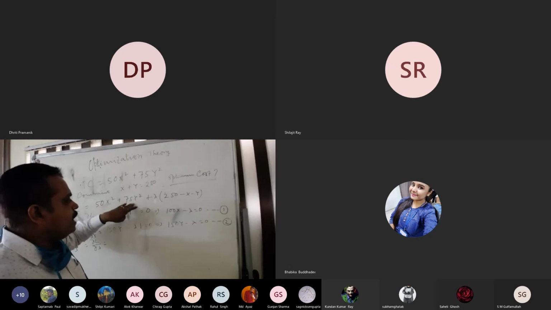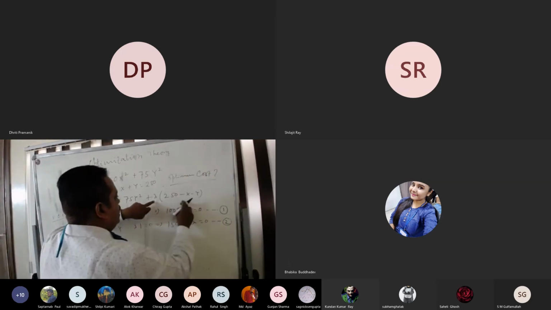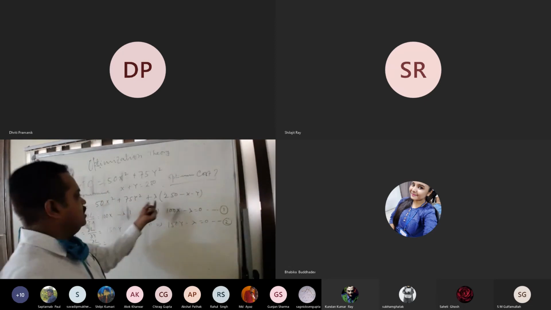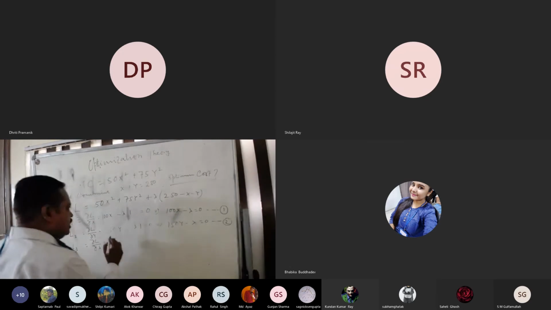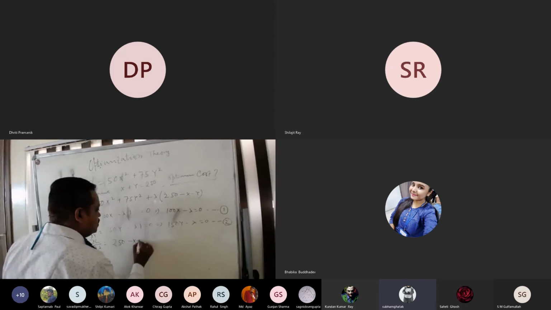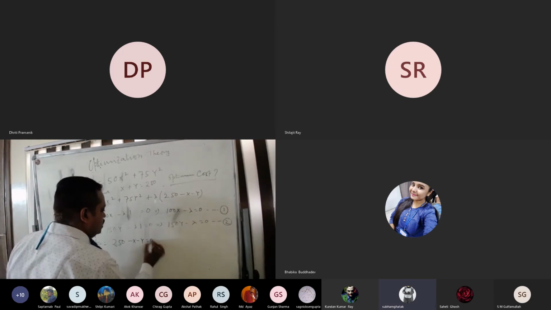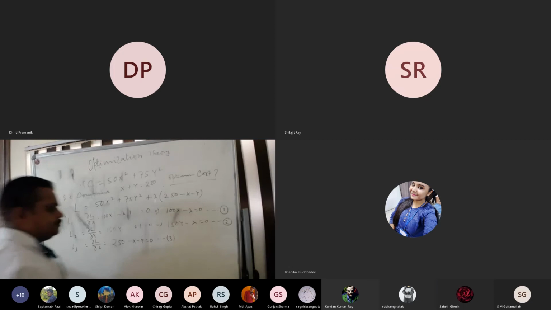Here also no lambda, 0. This whole term is multiplied by lambda, so del L by del lambda is equal to 1 into this one. So it is 250 minus x minus y equals 0. This is equation number 3.